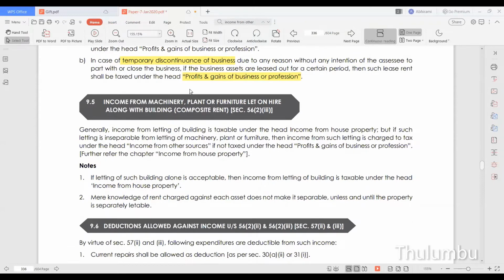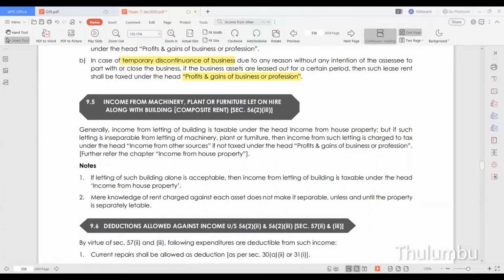So next is income from machinery, plant or furniture let out on hire along with building. We have already seen this in the house property chapter also. Say, for example, an auditorium. I cannot let out only the building; I let out the furniture and everything together.